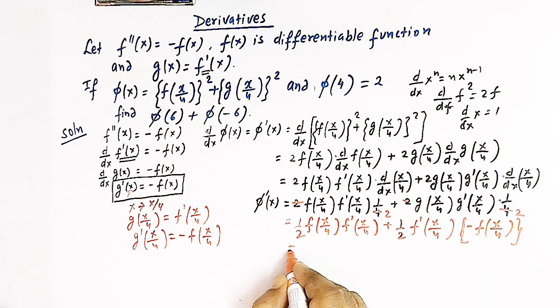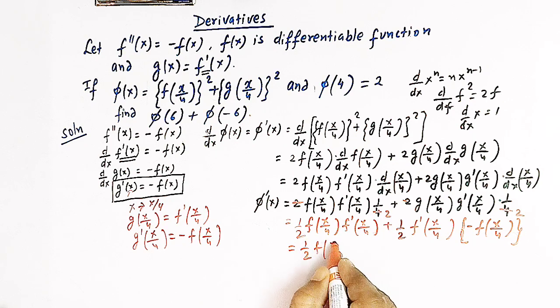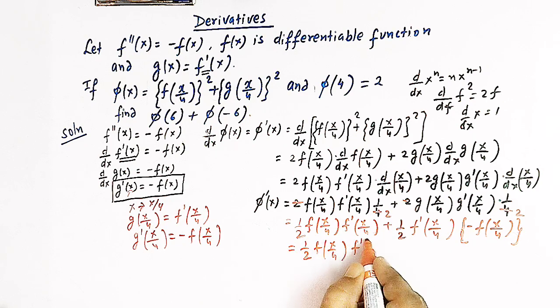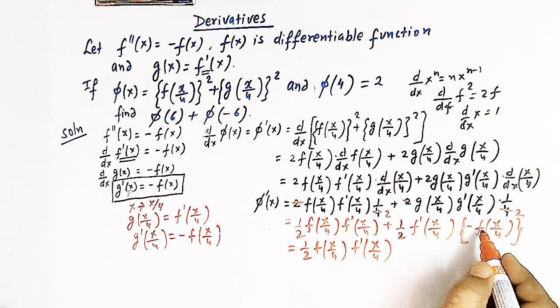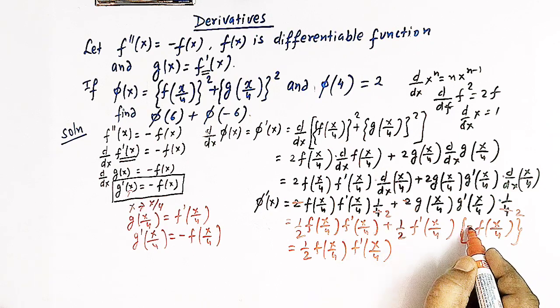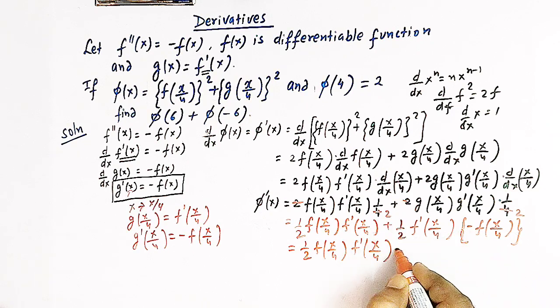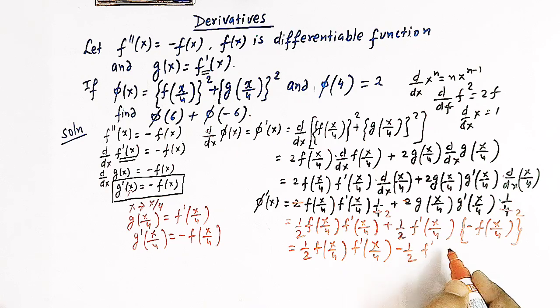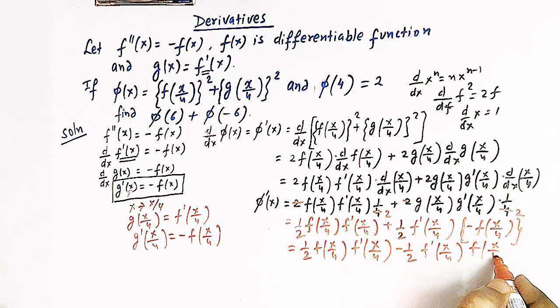Okay, so now we can see that here we have half f(x/4) f'(x/4), and we can take this negative sign over here. So we have minus half f'(x/4) f(x/4).